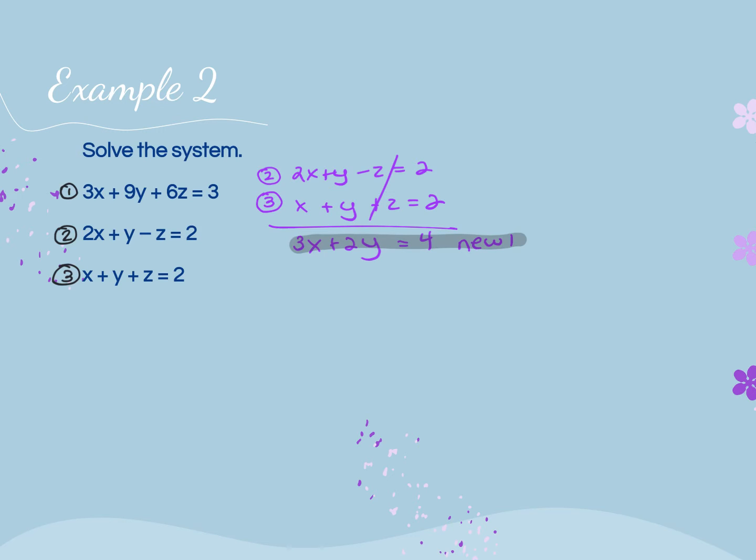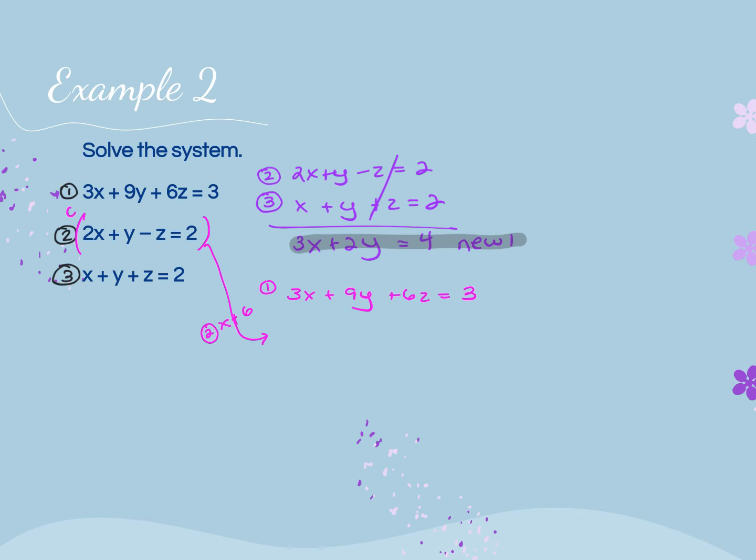Then I have to use the equation I didn't use the first time, which means I have to use 1. And I have to cancel the same variable I canceled the first time around, which was the z's. So I want to take 2 because the z is already negative. So I'm going to use 2, and I'm going to multiply it times negative 6. So, I'm sorry, times a positive 6.